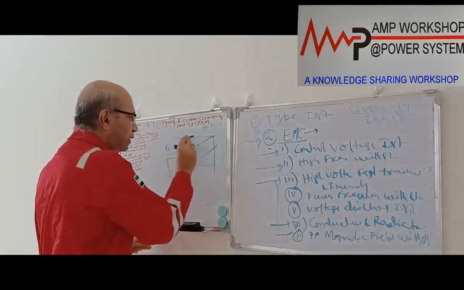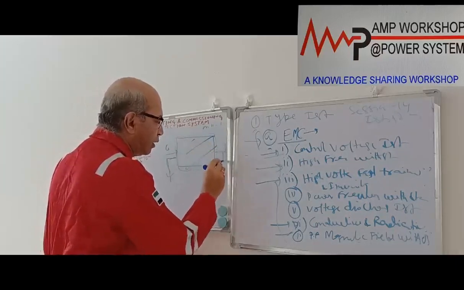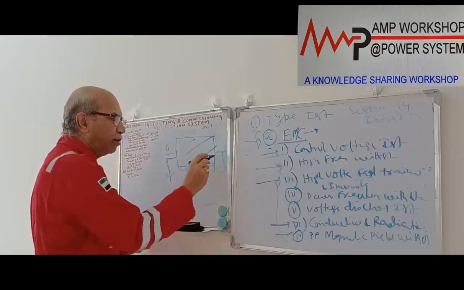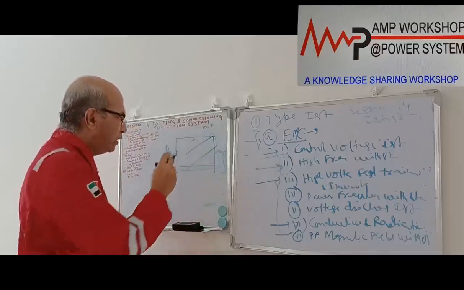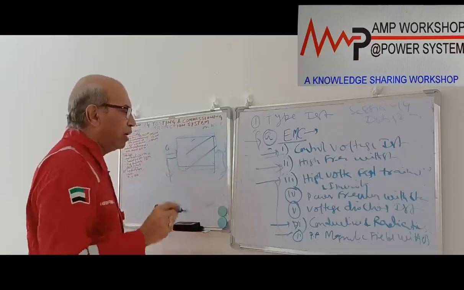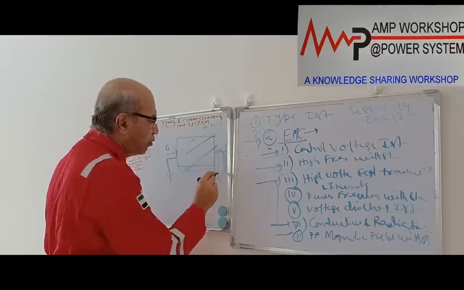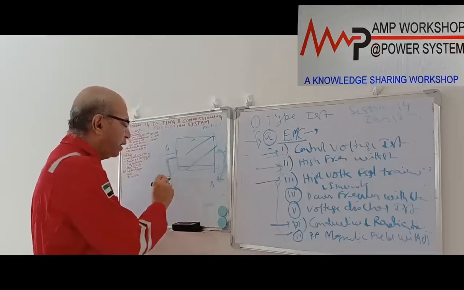But if the body is insulated, then the discharge will go through the air medium to the ground. It is not conductive, it will be through radiation. So that is called air discharge, and the other is called conductive discharge.